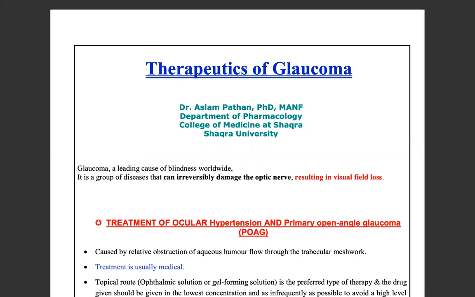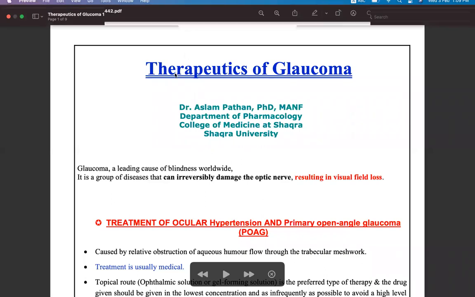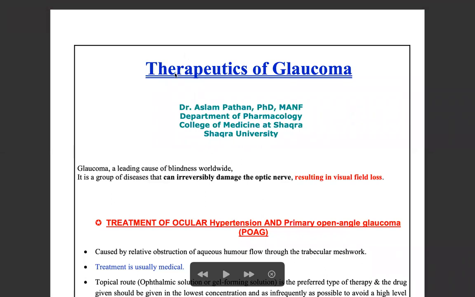Glaucoma is a clinical condition and may lead to blindness in old persons, usually more than 60 years of age, if it is left untreated.